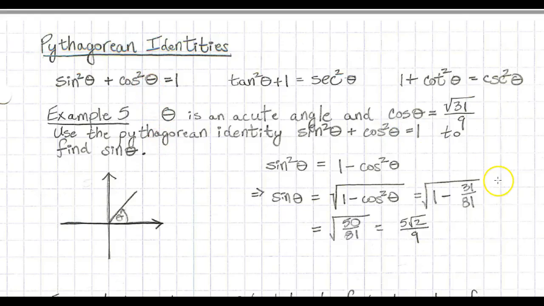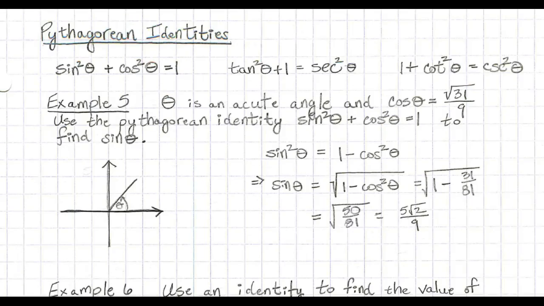Okay, so as a fifth example in this section, we have theta is an acute angle, means less than 90 degrees, and cosine of theta is square root of 31 divided by 9. So use the Pythagorean identity, sine squared of theta plus cosine squared of theta equals 1, to find sine of theta. So I know theta is this less than 90 degree angle.